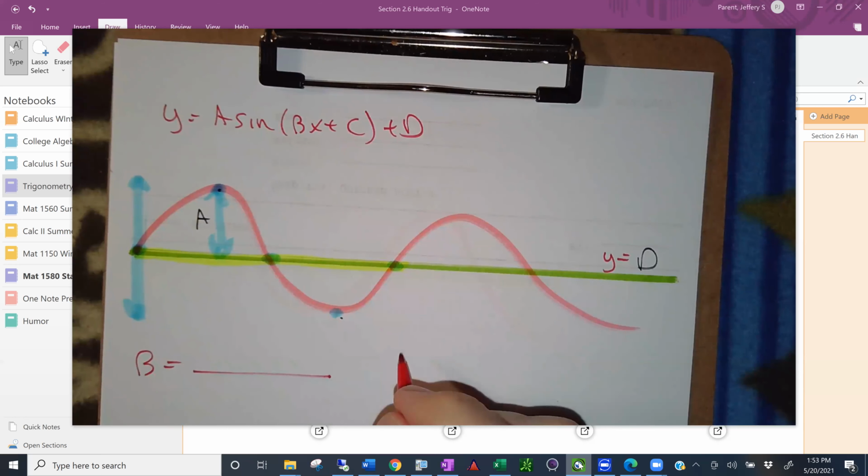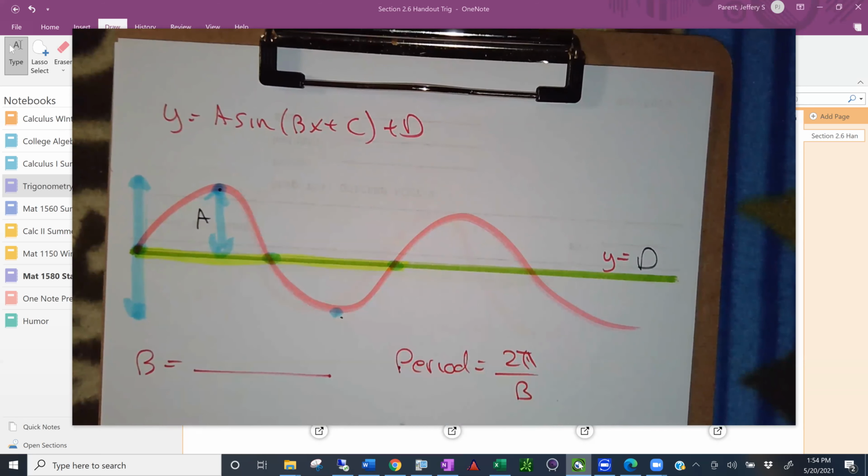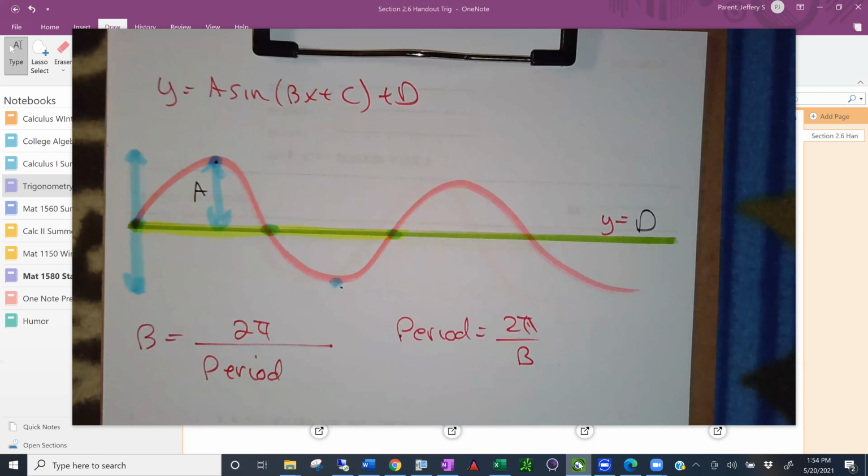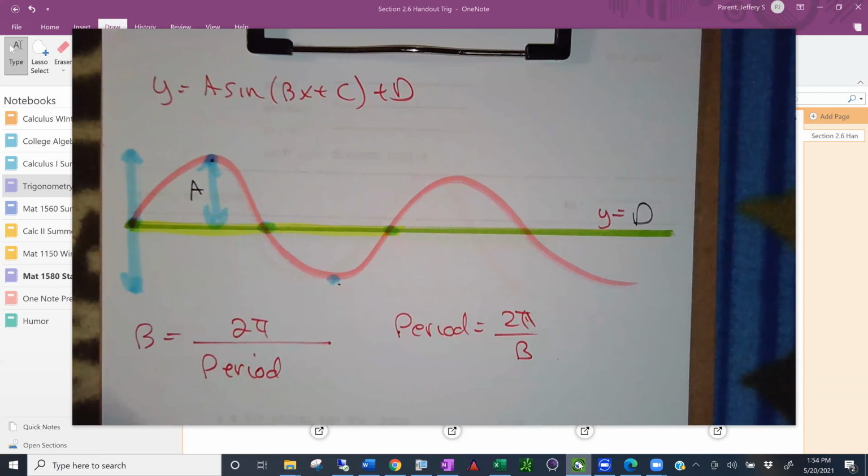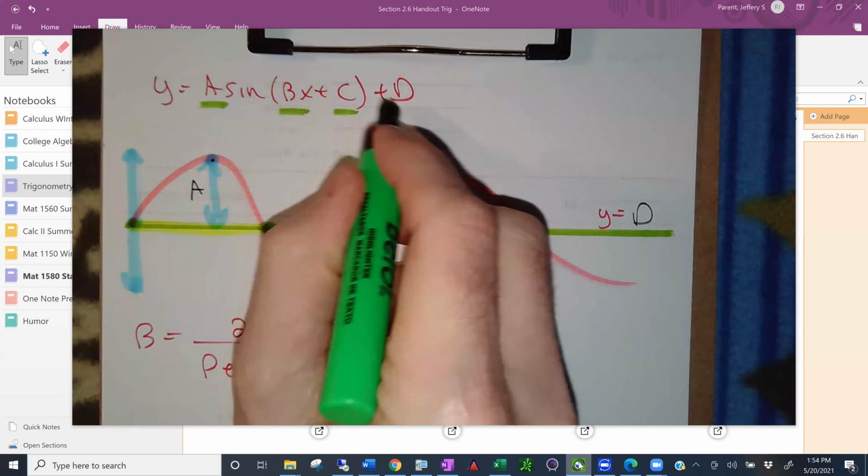What we're used to is that the period equals 2 pi divided by b, and that's great if you're trying to figure out the period, but if you're trying to figure out b, then it's going to be 2 pi divided by the period, which gives you b. So far that's 3 of the 4 different constants that we need to determine. We need to determine A, B, C, and D.